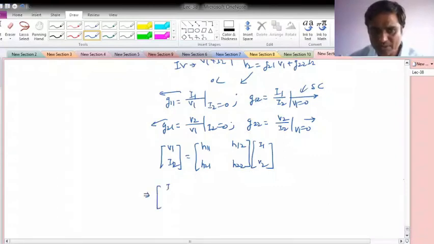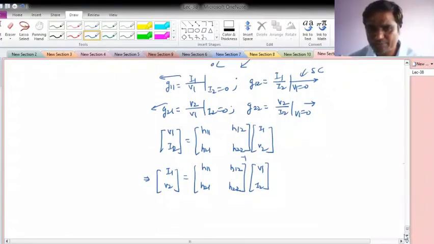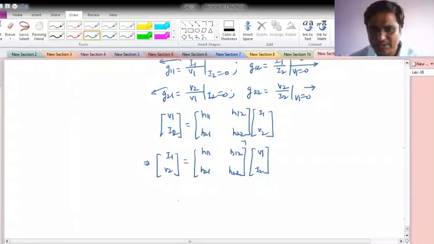So you pre-multiply with this matrix: [I1, V2] equals the inverse of [H11, H12; H21, H22] times [V1, I2], and from that you can compute the inverse. We know the inverse is the adjoint of this matrix divided by the determinant.